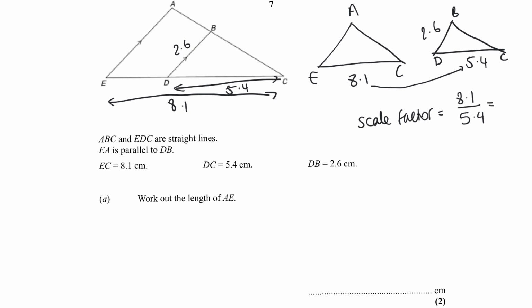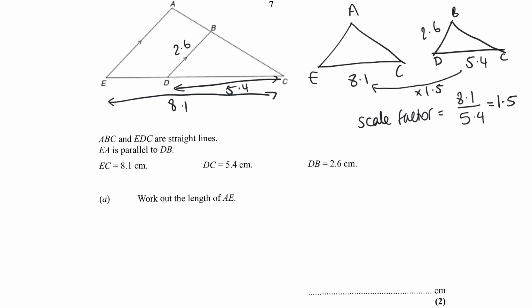And in your calculator, that'll give you 1.5. I mean to go from the big shape to the little shape. So usually to work out the scale factor, I would always do the bigger number divided by the smaller one. So then that would give me 1.5. So that means that any length on the small shape, I would multiply it by 1.5 to give me lengths on the bigger shape.